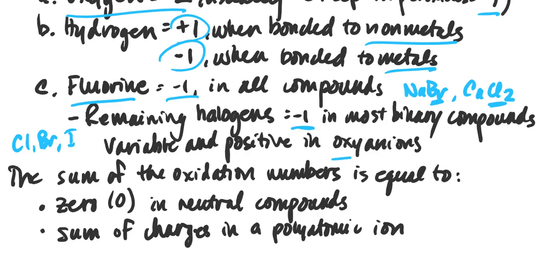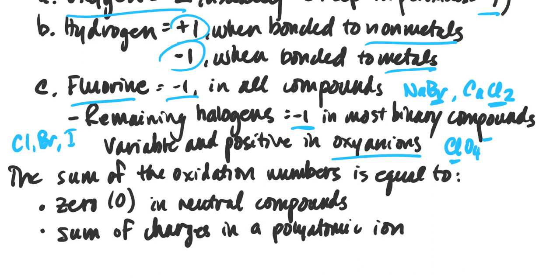However, if I have an oxyanion, like, say, the perchlorate ion, here the chlorine is not going to have a -1 oxidation number.